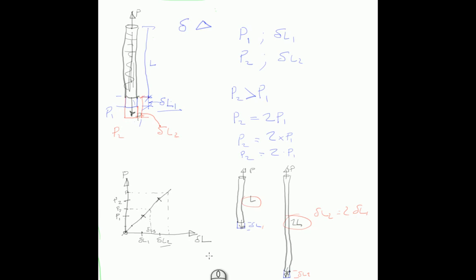So then we need to, as engineers, come up with a way of dealing with that potential problem. Okay. Now, what we can see here is for this same value of load P, we are getting an extension which is twice the length, twice the delta change in length.